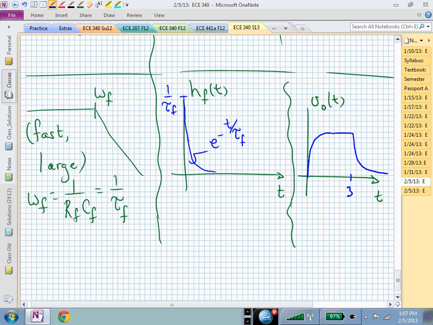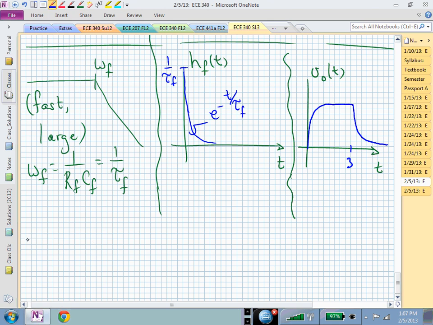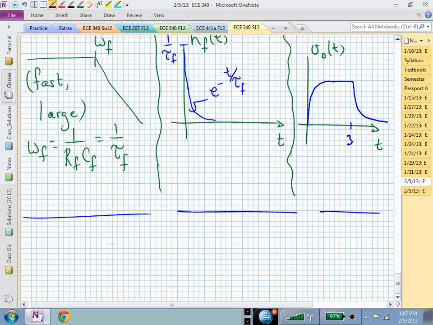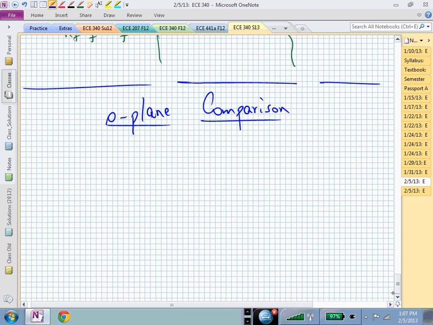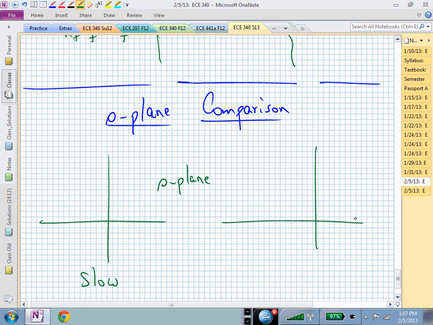If you now looked at these two systems in the S-plane, what are we looking at? If I now had, let's say this is the S-plane for the slow system, and this is the S-plane for the fast system.